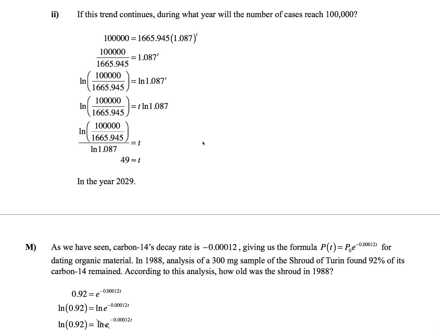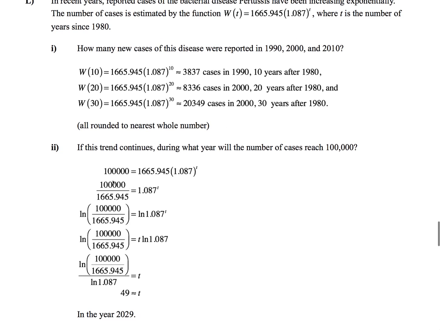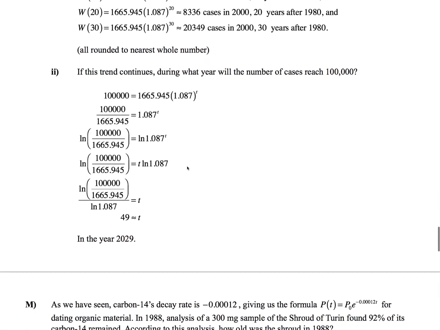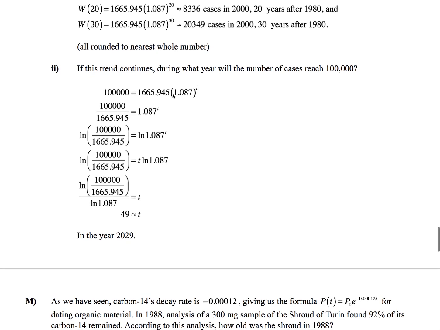Now, if the trend continues, we want to know during what year the number of cases will reach 100,000. To determine that, we put 100,000 in for W of t to determine what t is going to be. We need to uncover the base in order to solve this exponential equation, in order to take the logarithm of both sides.